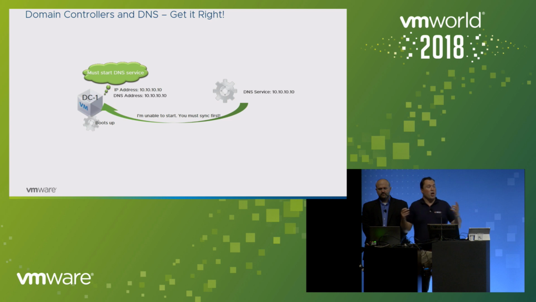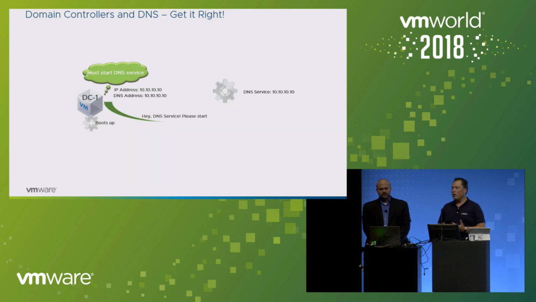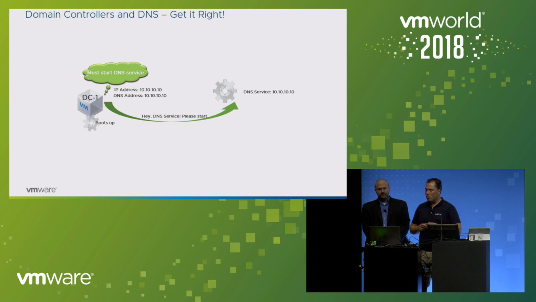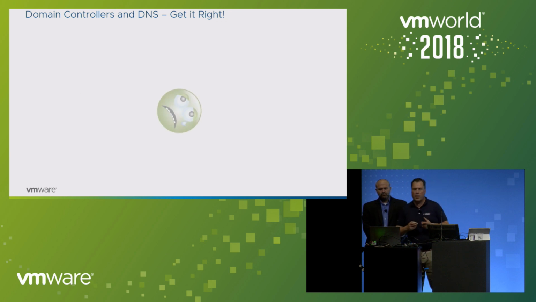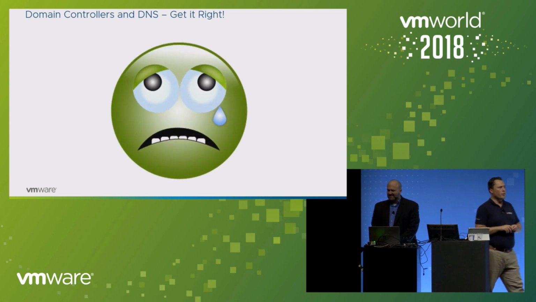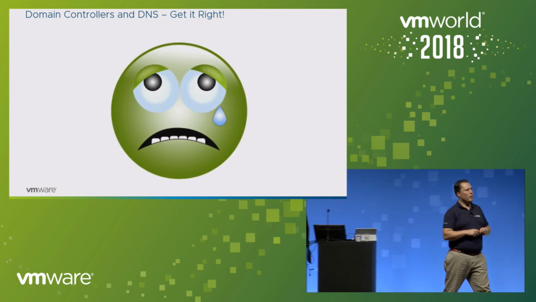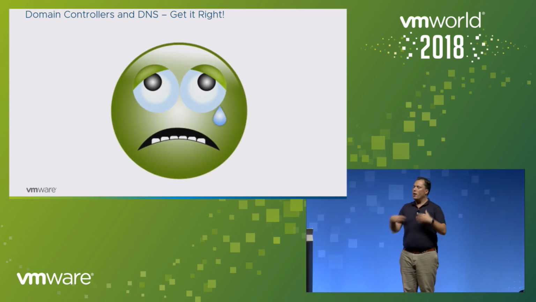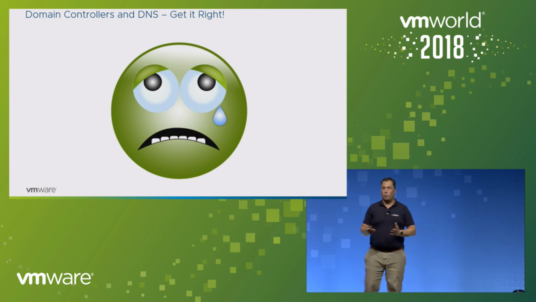Well, I can't. You have to sync first. Yeah, but I don't know how to, because I don't know how I have to do that. So where is it? Where is DC2? I don't know. You must sync first. This goes on for about 20-25 minutes. And this is something that you want to avoid because it's another 20-25 minutes that your domain controllers are unavailable.